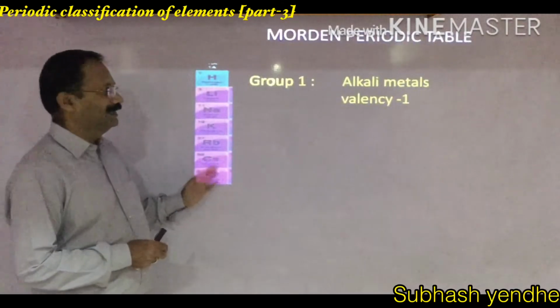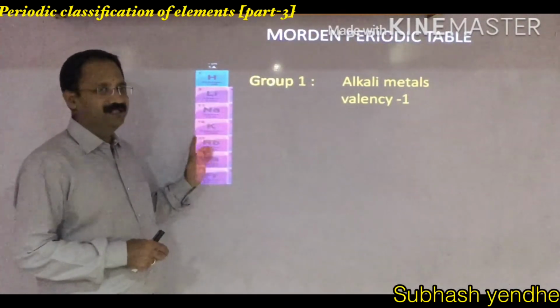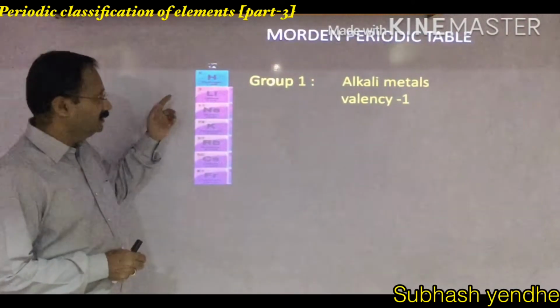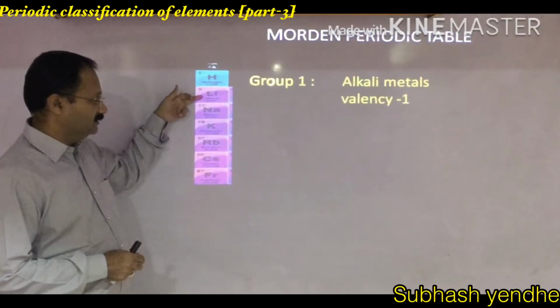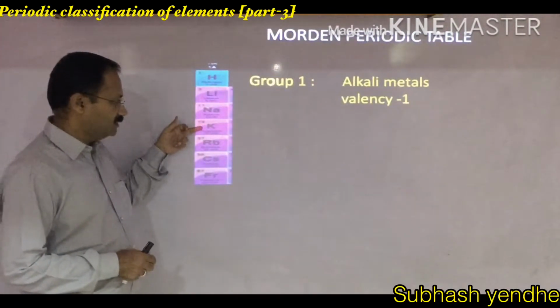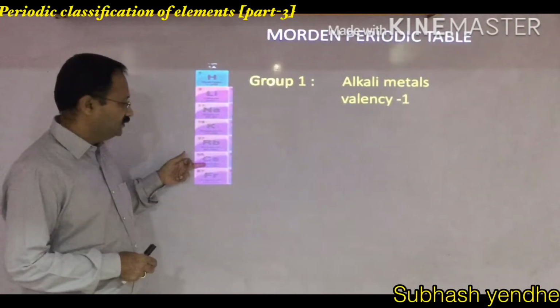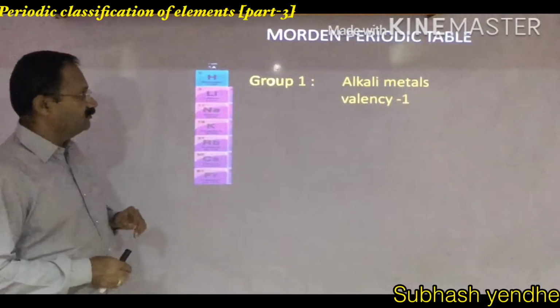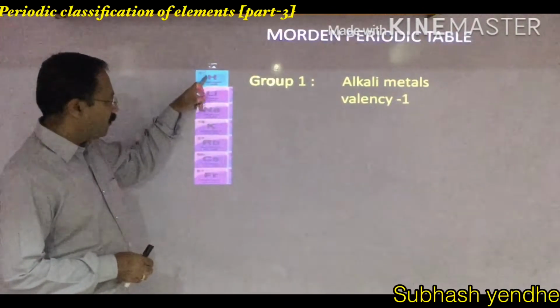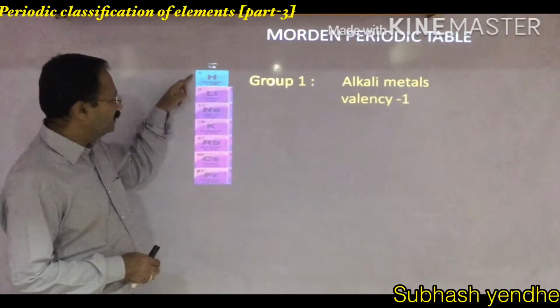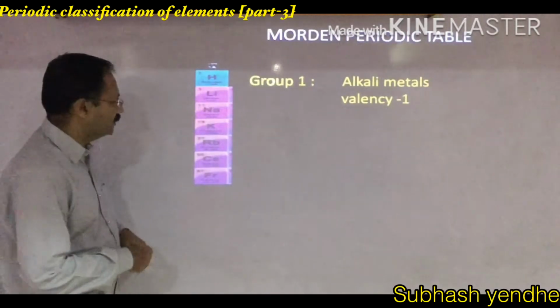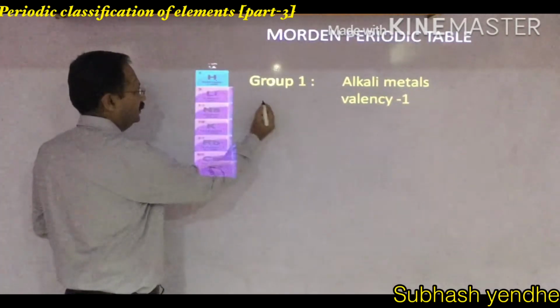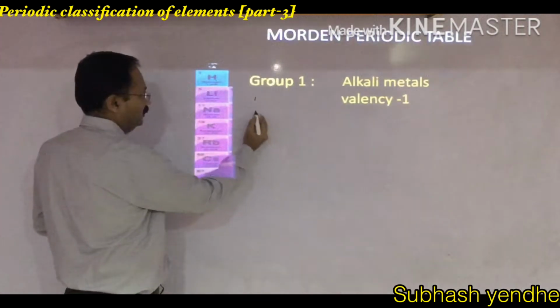The first group is known as the alkali metals. Which are they? Hydrogen, lithium, sodium, potassium, rubidium, cesium and francium. If you see the electronic configuration of all these 7, you will find that in their outermost shell there is 1 electron. Hydrogen's electronic configuration is 1.